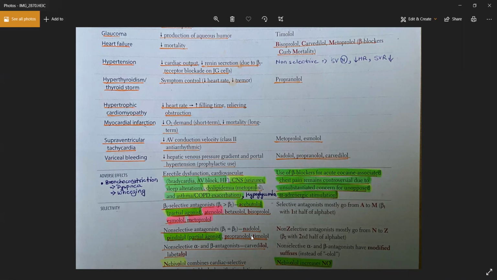All of the selective beta blockers, which have just the beta 1 blockade effect, have this olol in their name. All of the non-selective type blockers do not have the olol.